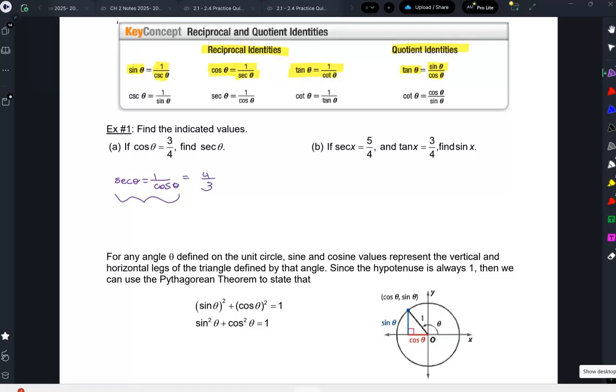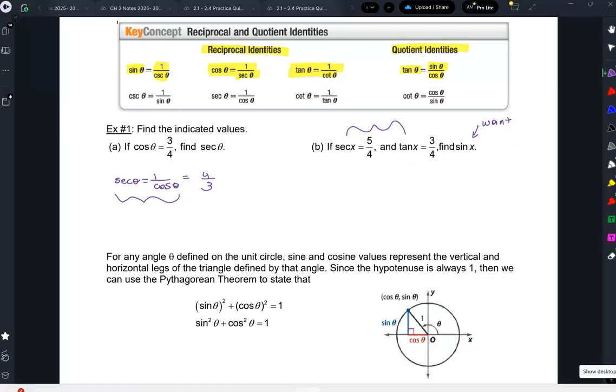So secant of x, look at this one. Secant of x is 5 over 4. Tangent of x is this. We need to find sine x. So this is what we have, and this is what we want. What you want to do in this case is relate the thing that you want to what you have in a trigonometric identity.